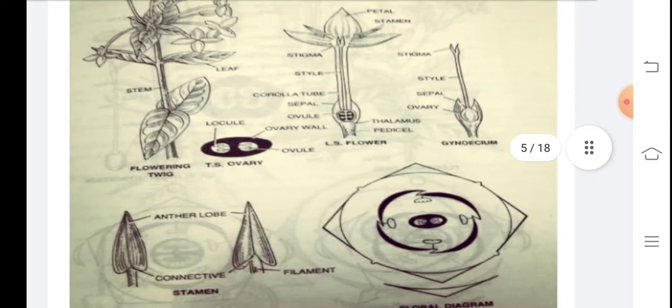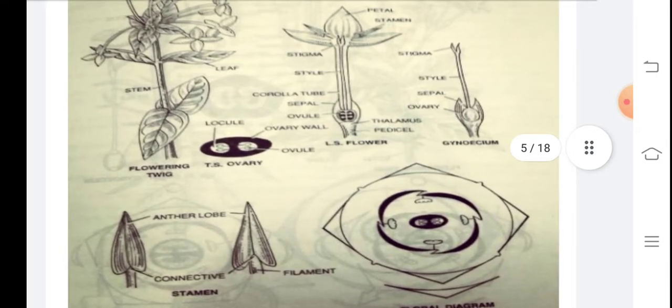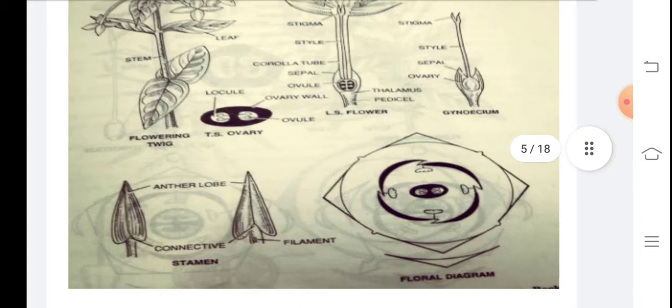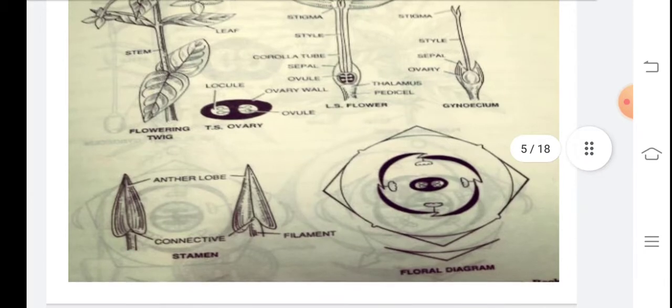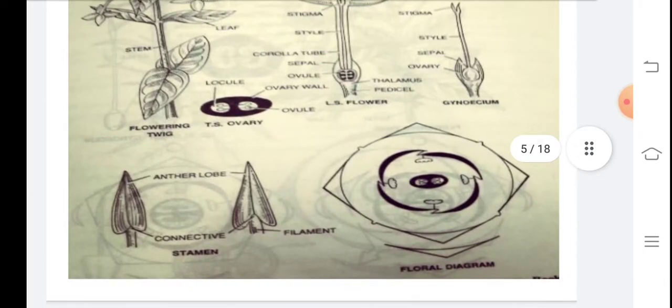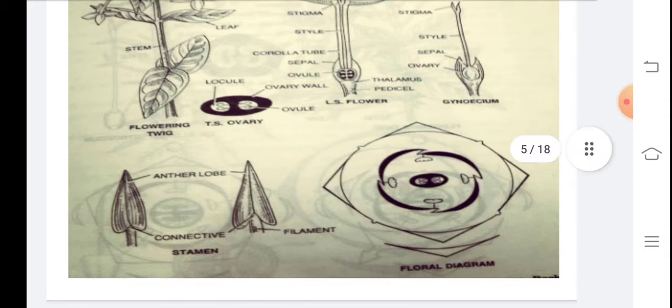All the petals are fused, so gamopetalous condition, right? And you see the gynoecium, so ovary. Then there are the sepals, there is a united style and the bifid stigma. Then stamens, you are observing the bilobed stamens, connective is at the base, so basifixed condition.